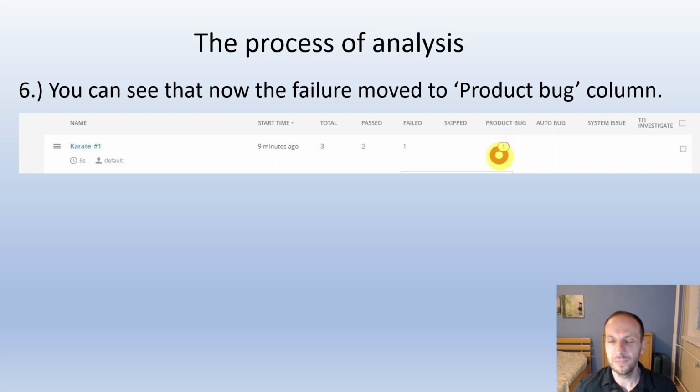We have done our work, the investigation was done, it's ready for next runs. So imagine this was today, and during the night the same 3 tests will run, and this bug will not be fixed today, okay? Because developers didn't have time to fix it, so it will still be there.